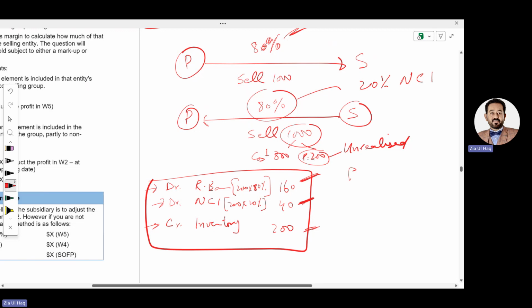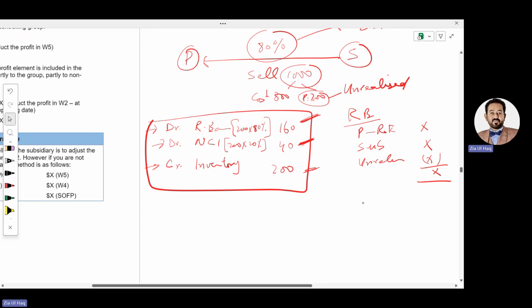So while preparing retained earning, how do we prepare it? Parent's retained earning plus subsidiary's share, less unrealized profit. While preparing the calculation for non-controlling interest, how do we calculate it?